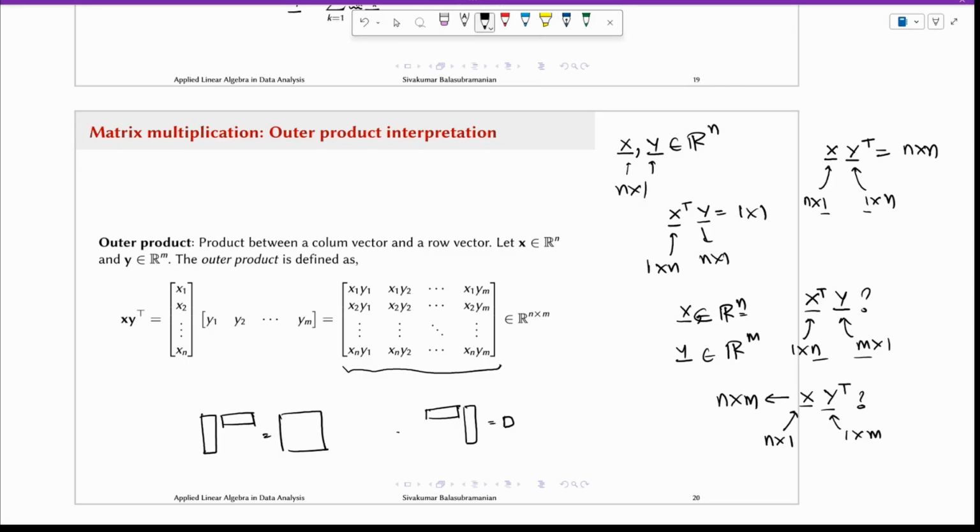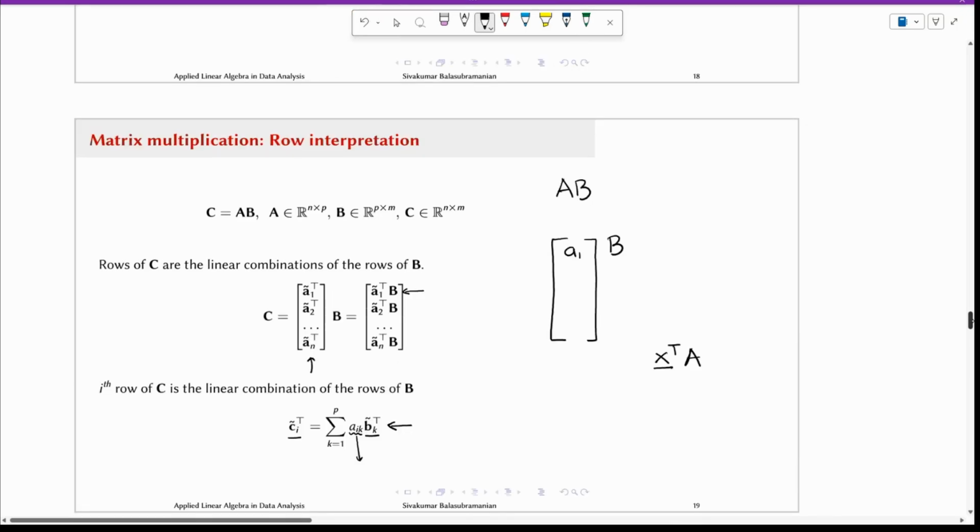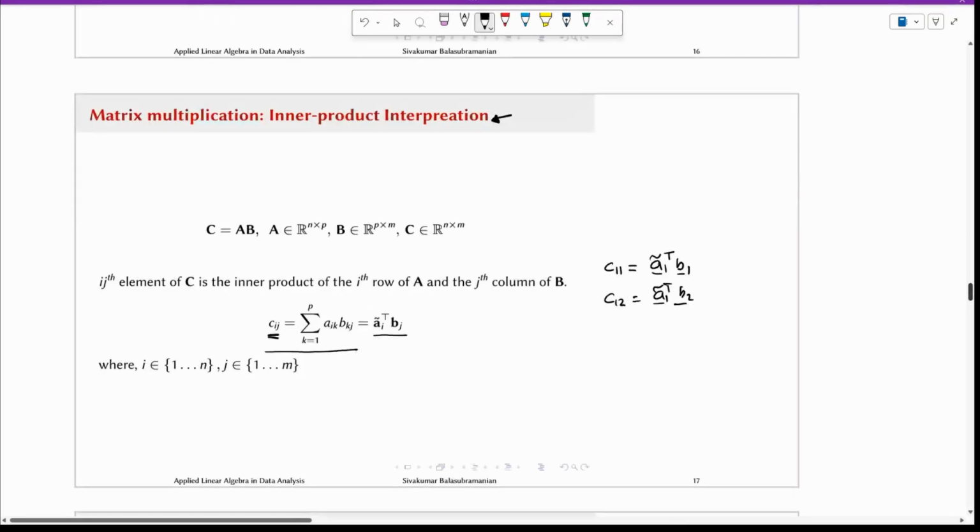Now with that in mind, we can make sense of the inner product operation by essentially decomposing A and B as a block column and a block row.